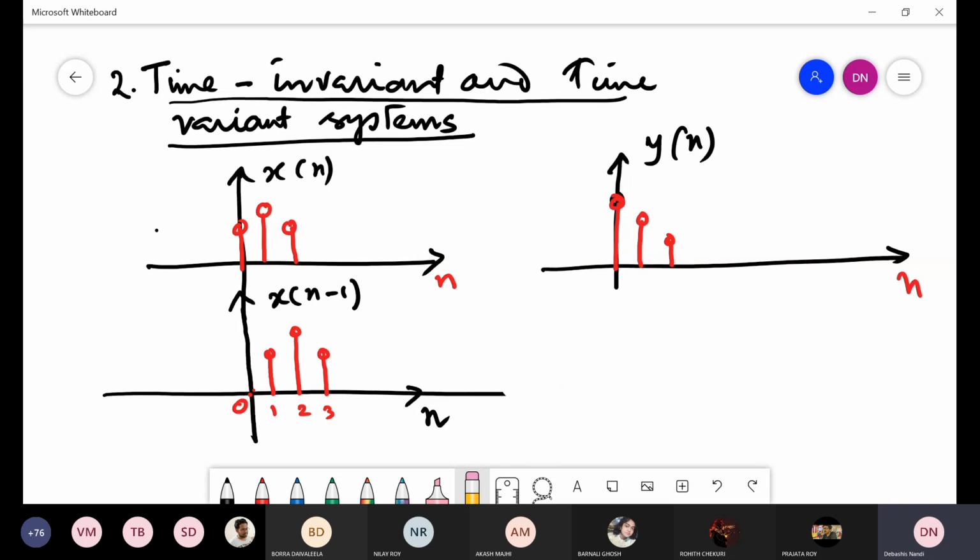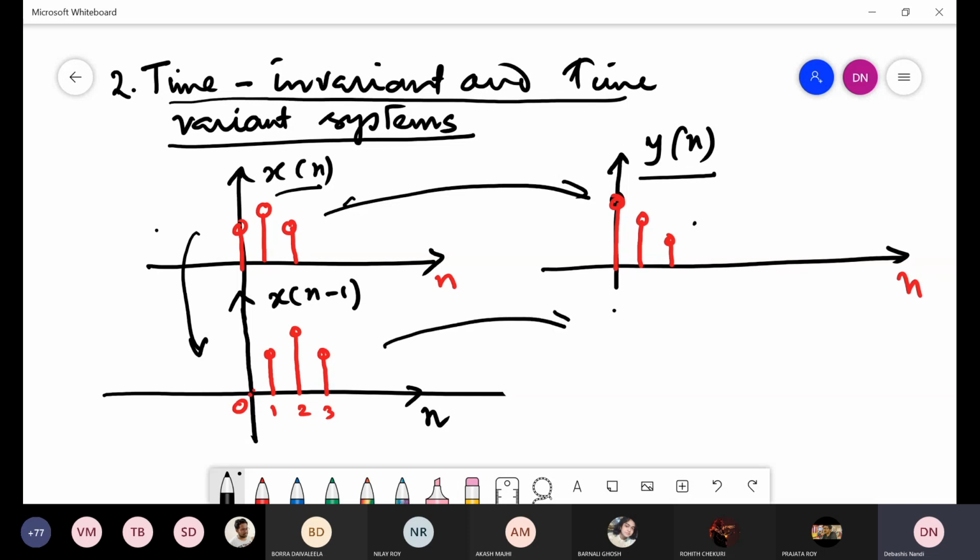Now, if you apply this signal to the same system, which is producing this output from this input, you are giving this input to the system, and you are getting this yn. Now, you are shifting the input signal from here to here, and you are giving this to the input of the same system.